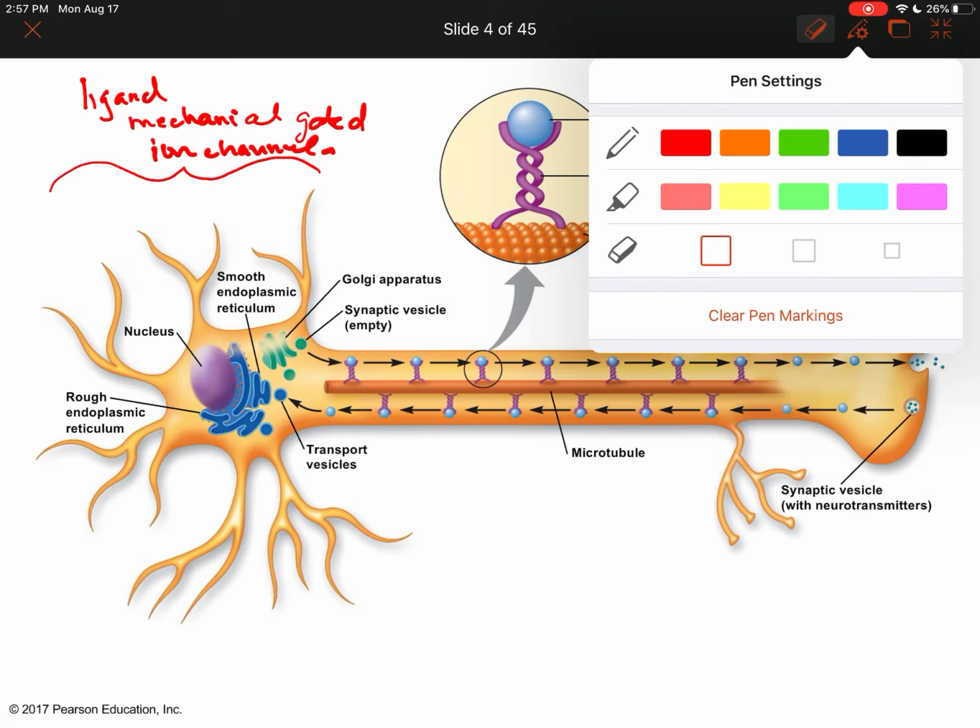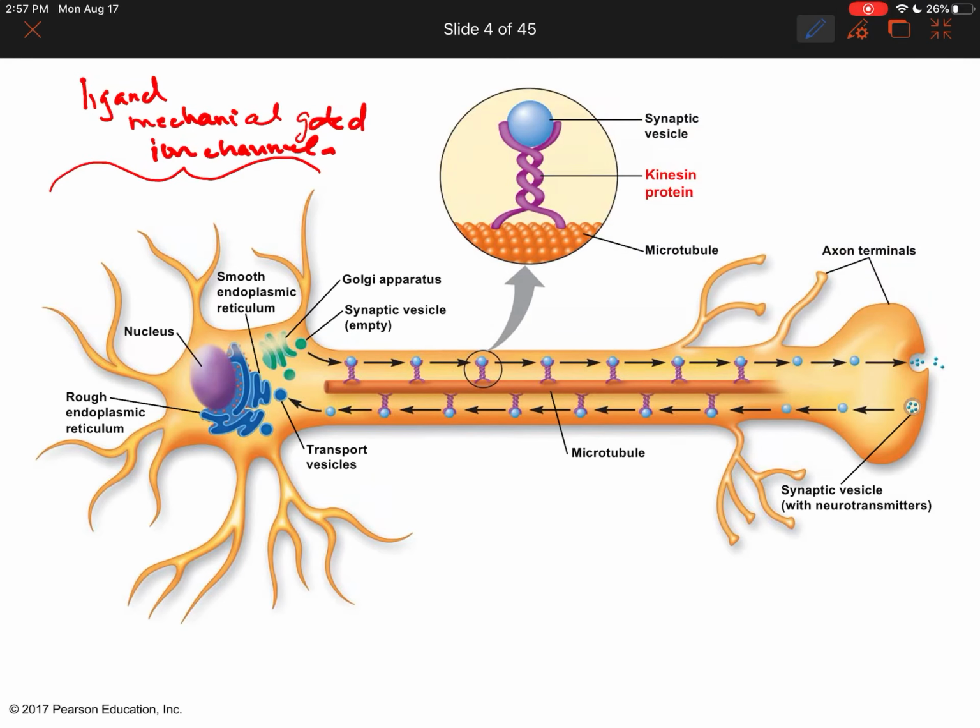Neurotransmitters are created in our soma with the organelles that are found there. They are packaged up in the synaptic vesicles. So your neurotransmitters are inside here. And then they're going to be moved physically by a protein called kinesin. This is our kinesin protein that literally walks.